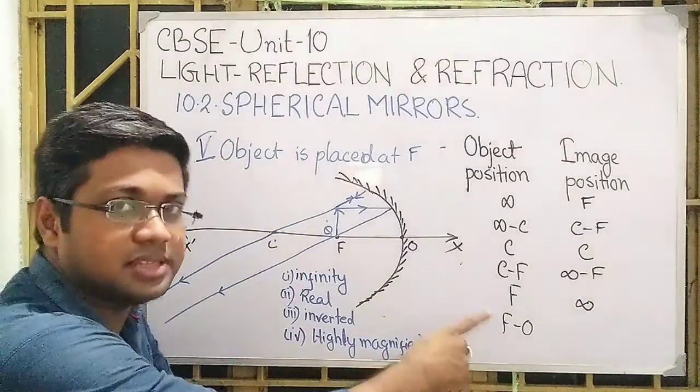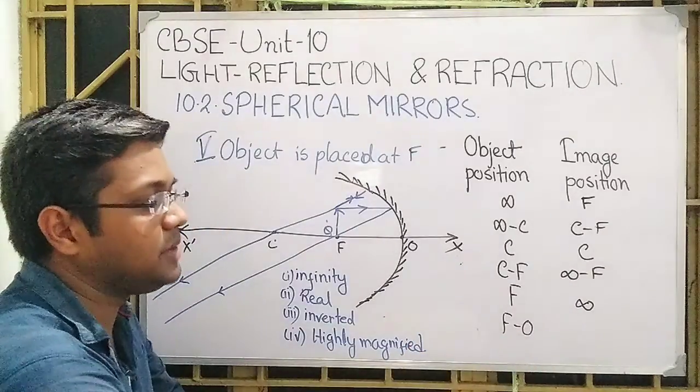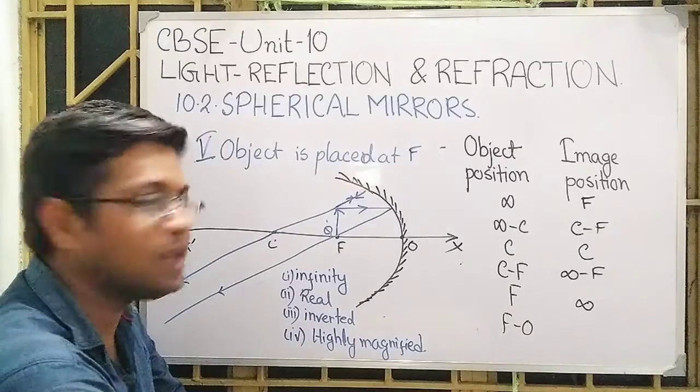Now the last and the sixth one is left. In the sixth one, the object should be placed in between the focus and the optical center.